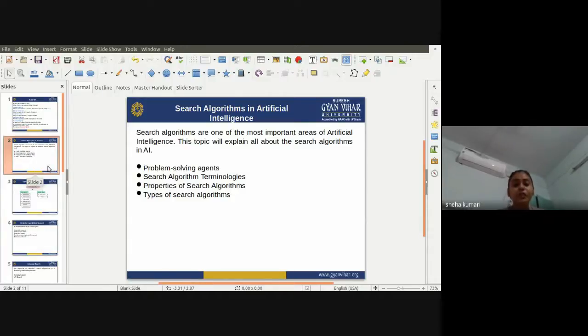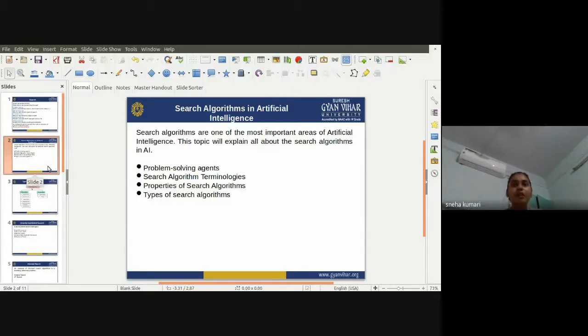First we learn about the search space. Search space represents the set of possible solutions which a system may have. For example, when you are trying to go from Jaipur to Ajmer, you have multiple ways to reach Ajmer.